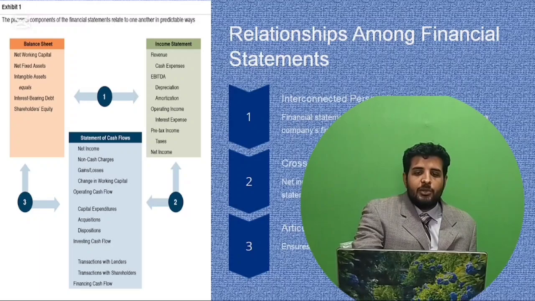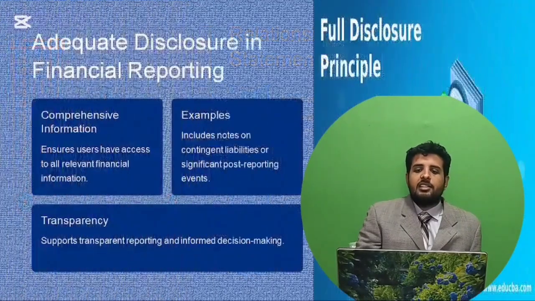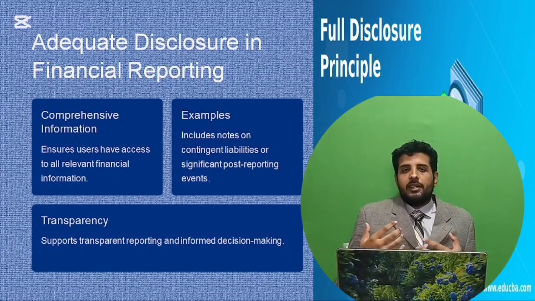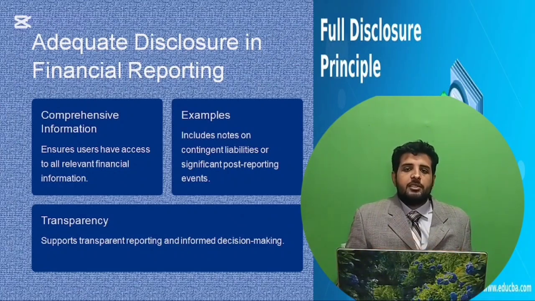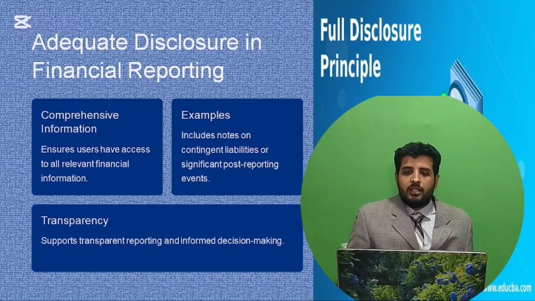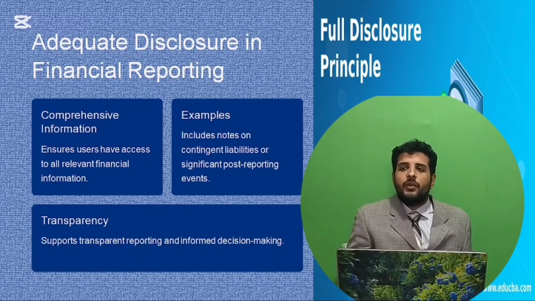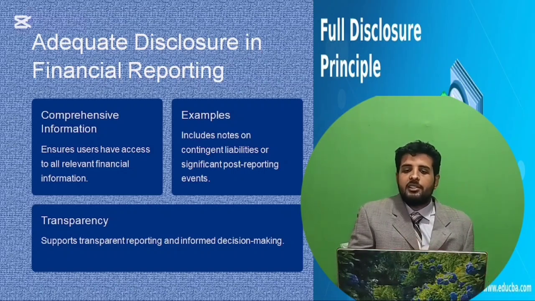Our next slide is about adequate disclosure in financial reporting. When we talk about the disclosure principle, there are some principles in accounting, like the historic cost principle, which tells us to record the transaction when it happens, and does not care about the market value of any asset or liability.